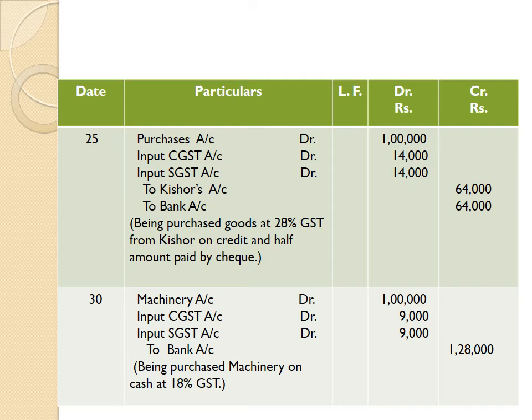On 25th May 2021, purchased goods of rupees 1 lakh at 28% GST and half amount immediately paid through check to Mr. Kishore, and the remaining amount is stated as credit amount.